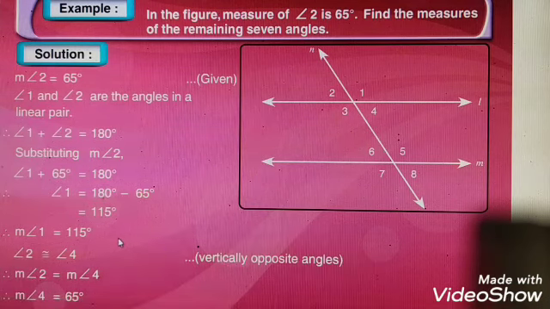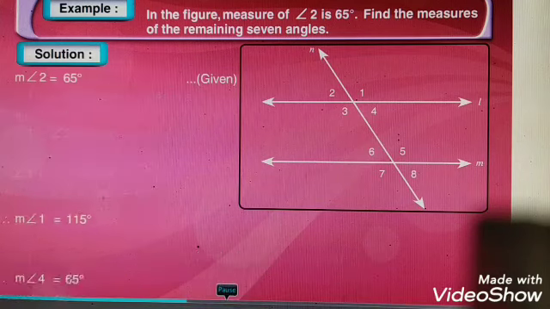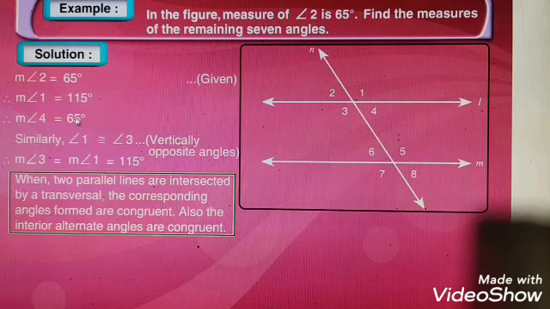Since the measurement of angle 2 is 65, therefore the measurement of angle 4 will also be 65. Here I got the first angle, second angle and fourth angle. Now we have angle 2 is 65 degrees, angle 1 is 115 degrees, angle 4 is equal to 65 degrees.